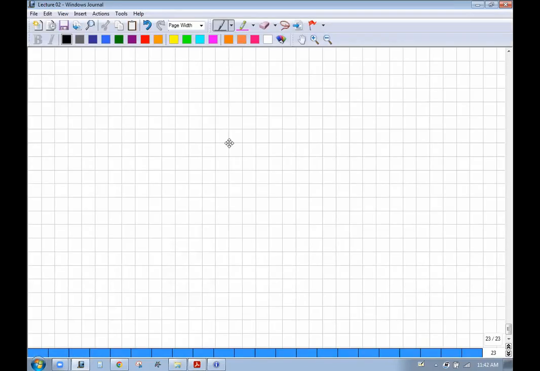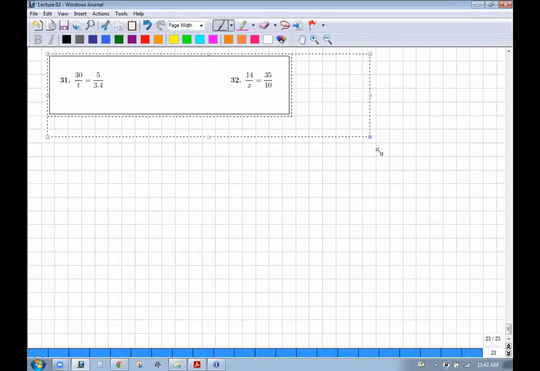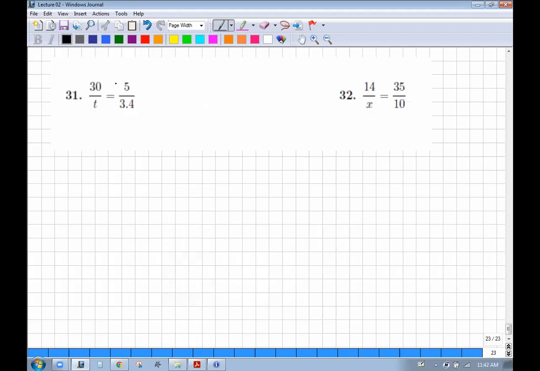Okay, so again, the focus here is figuring out how to get the variable by itself. So this one, the t's on the bottom, so we're going to do our trick. Flip both sides. All right. Now that we've done that trick, we want to get the t by itself.